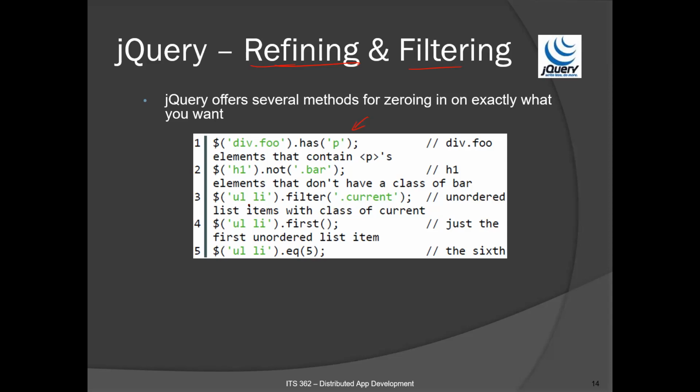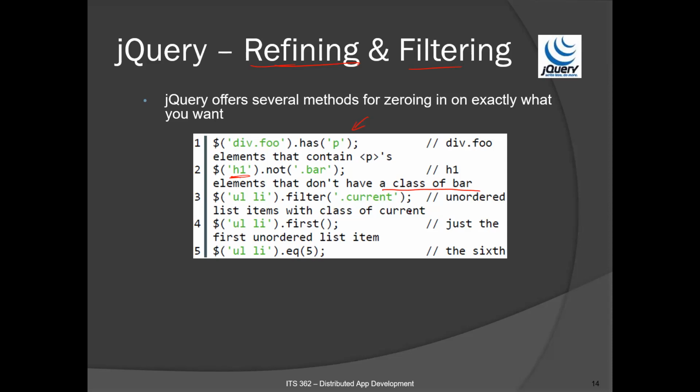Right here, you can select from headings all H1 headings, and then you can say, but I want only those that don't have the dot bar. So in this case, it selects all H1 elements that don't have a class of bar. You can see it starts to even provide some Boolean logic for you to find the appropriate terms, okay?